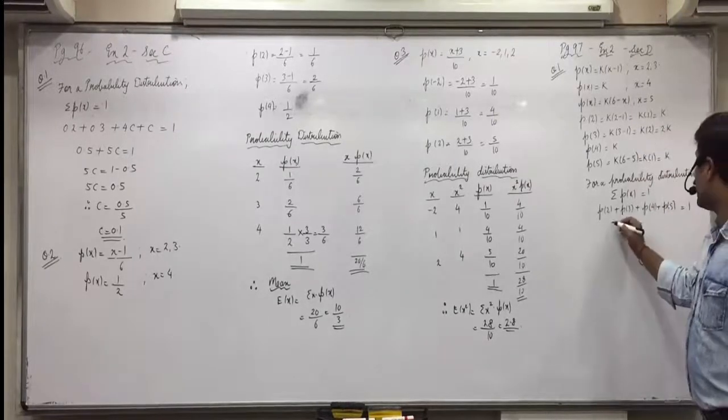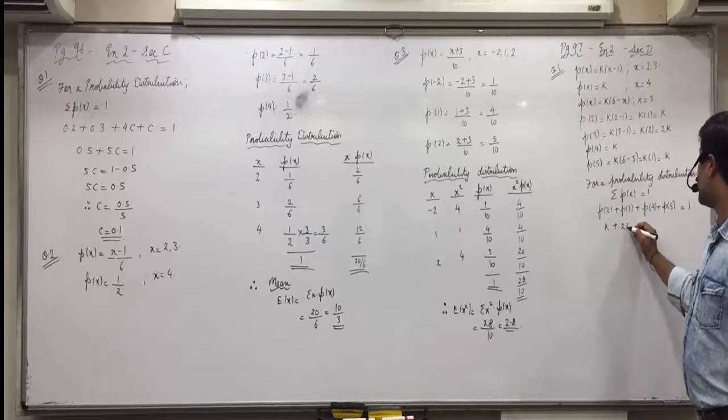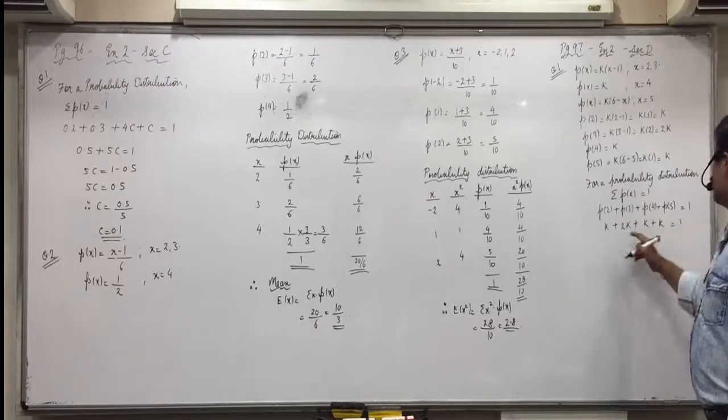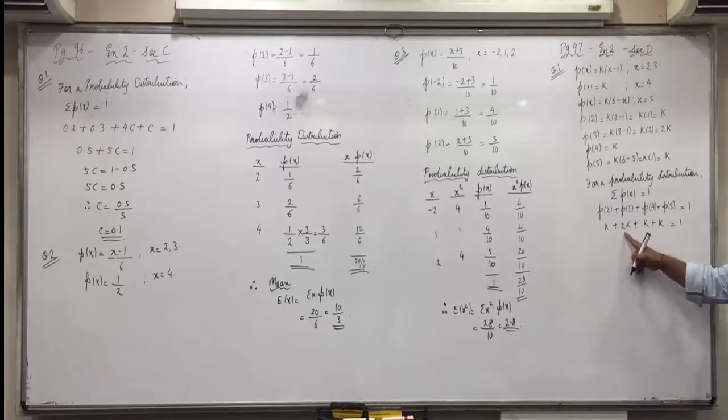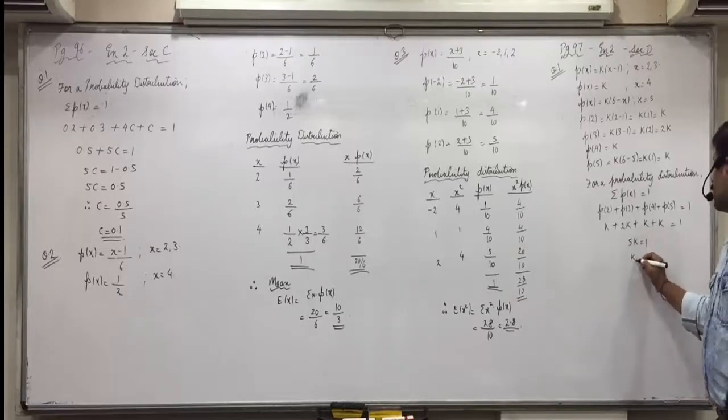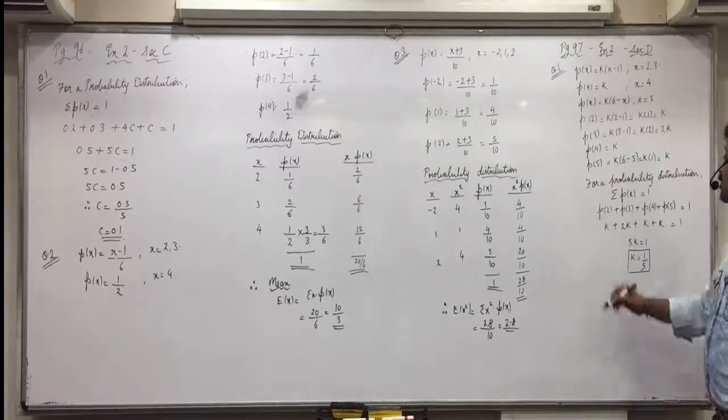P of 2 is k, P3 is 2k, P4 is k, P5 is k. 1 plus 2, 3, plus 1, 4, plus 1, 5. 5k is equal to 1. So k is 1 by 5. Did everyone understand this first answer?